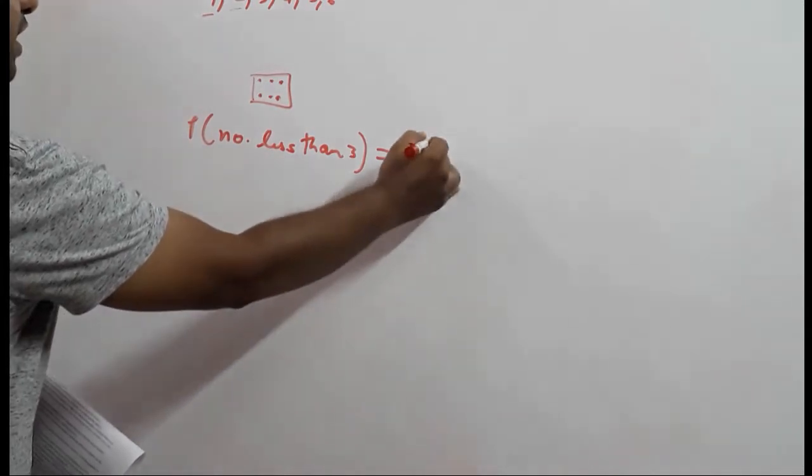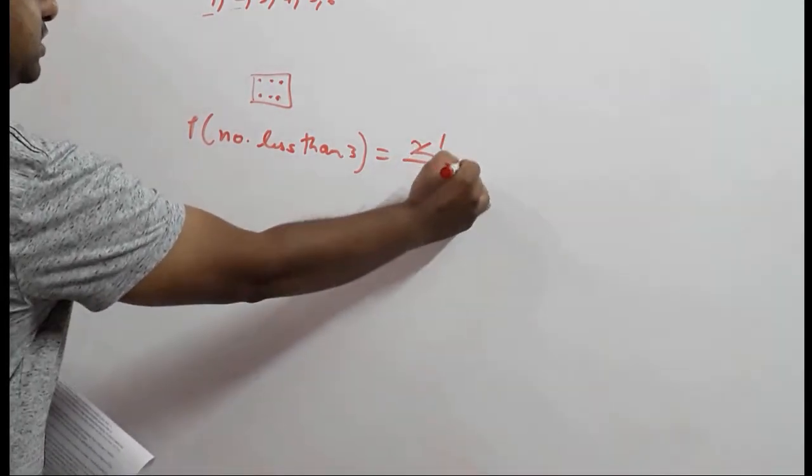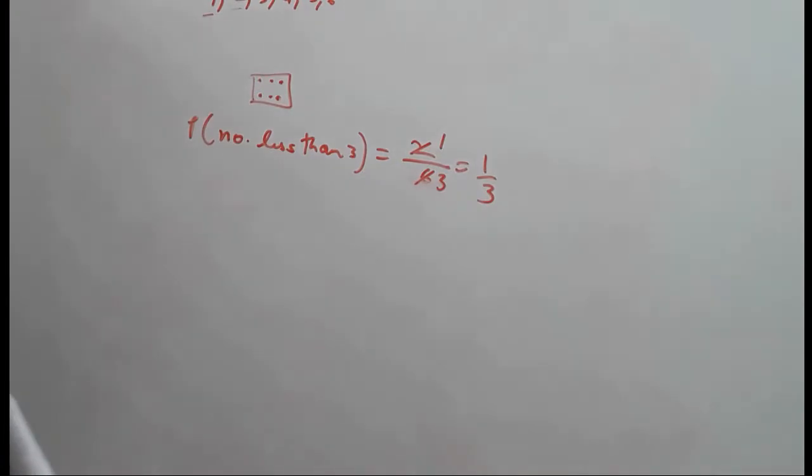If you cancel this, 2 ones are 2, 2 threes are 6, and we will get the probability as 1 upon 3. So the probability of getting a number less than 3 is 1 upon 3.